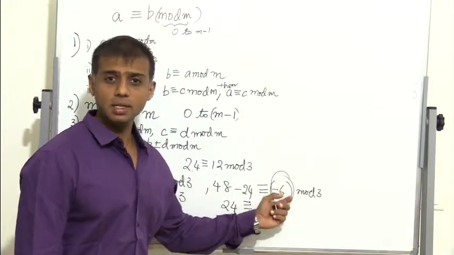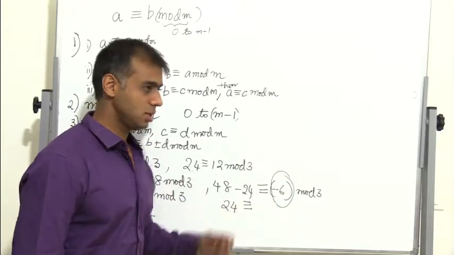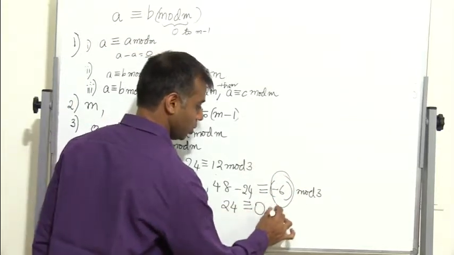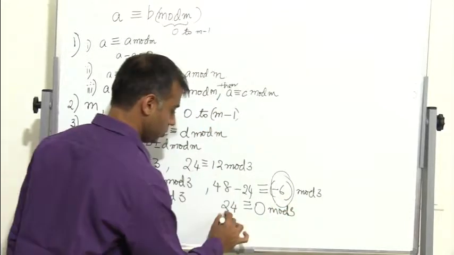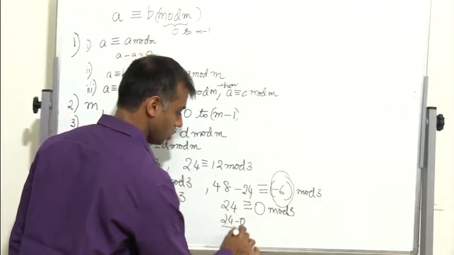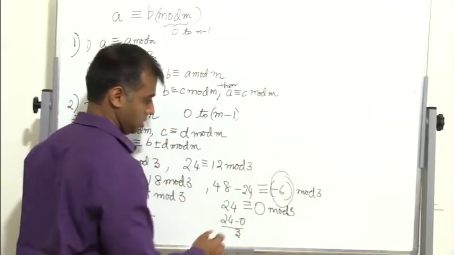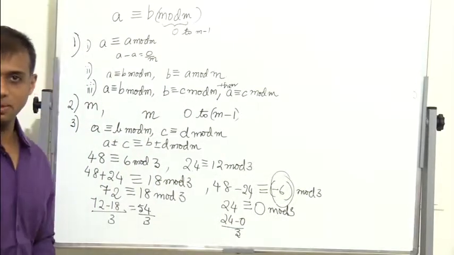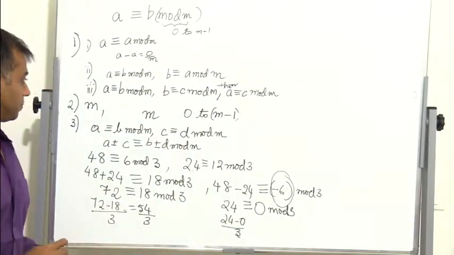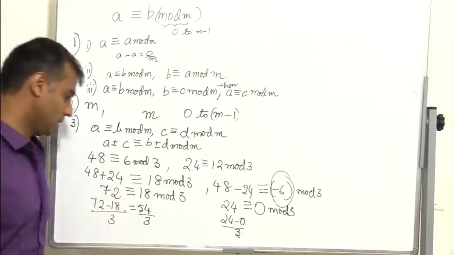So minus 6 plus 3, I end up getting 0, is congruent to 0 mod 3. So I have 24 minus 0 by 3. So 24 is definitely divisible by 3. So this proves the third property with an example.